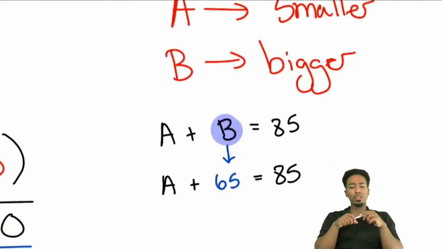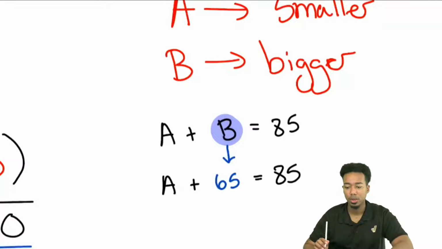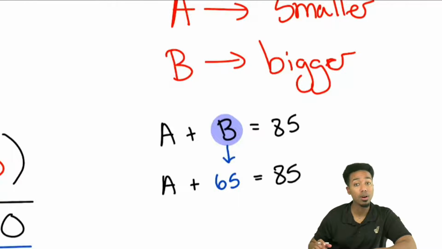Once we're here, everybody, what is a going to be? If you're doing some number plus 65 to get 85, what's the missing number got to be? Boom. We said a is the smaller number.